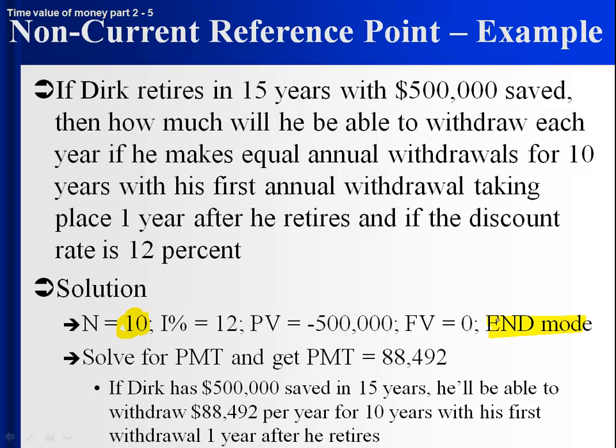We're in end mode because the next one's 1 period after our reference point, which our new time zero is 15 years from now, but the first payment is 1 year after he retires in 15 years. The present value of all the money he's going to get is 500,000, so set PV equal to negative. It's the opposite. 10% discount rate, and Dirk can withdraw $88,492 each year for 10 years, starting 1 year after he retires, if he retires with $500,000.